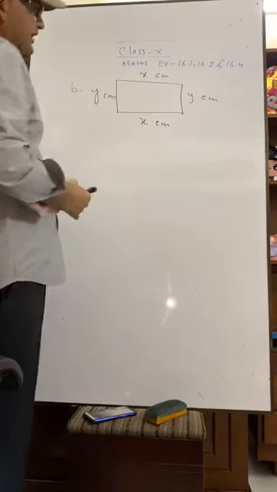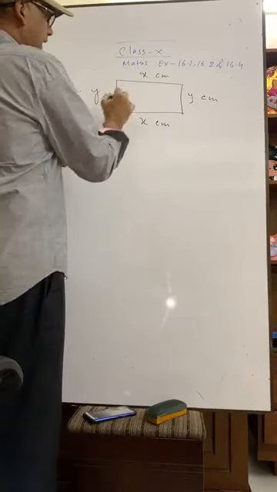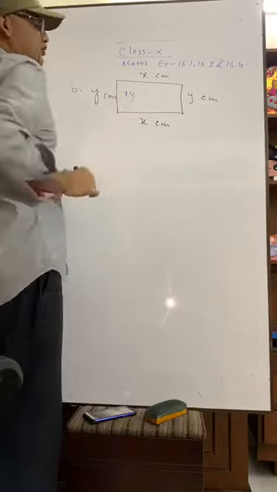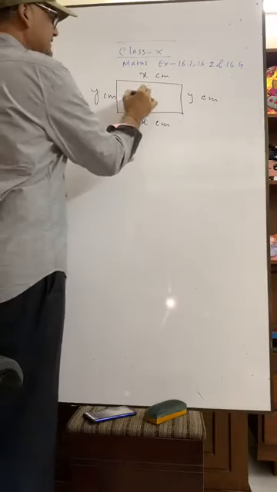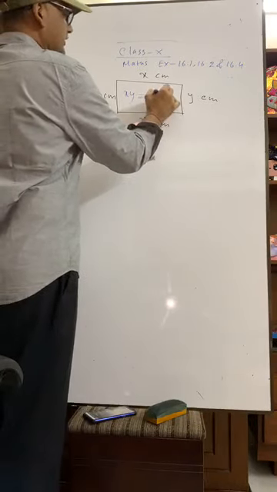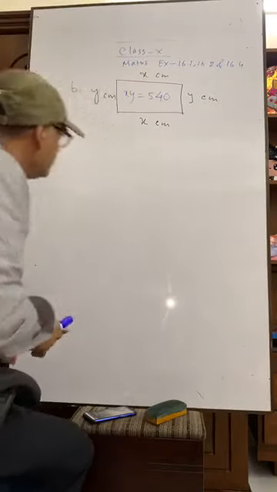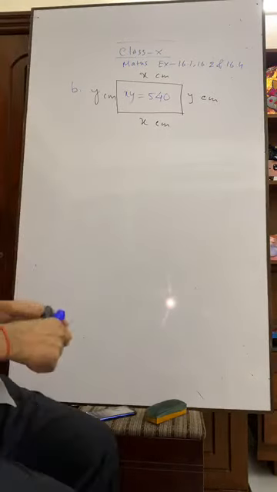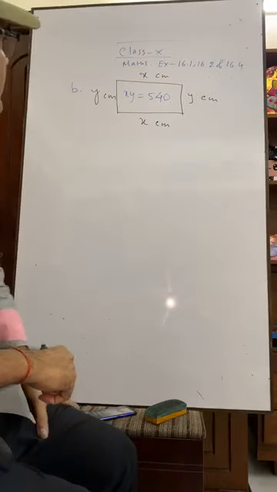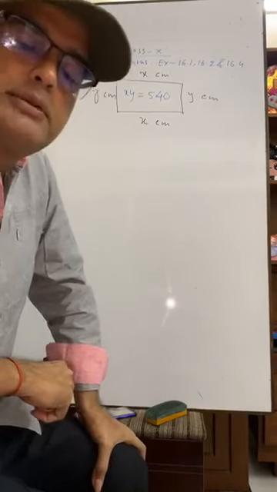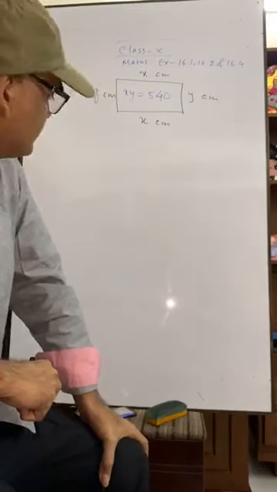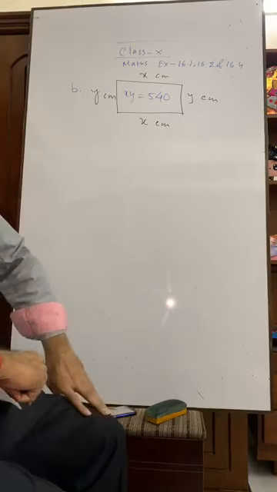So what is its area? Area equals xy square centimeter, and that is given in the question. It is equal to 540. Have you gone through the question? Let the length and breadth of a rectangle be x centimeter and y centimeter respectively. So its area equals xy square centimeter.